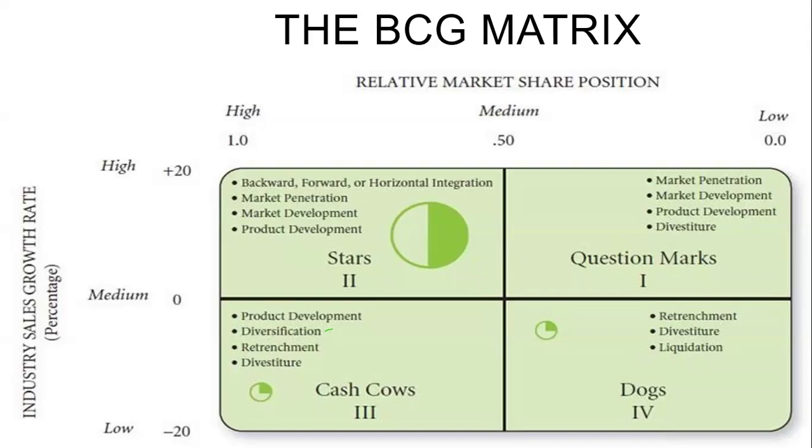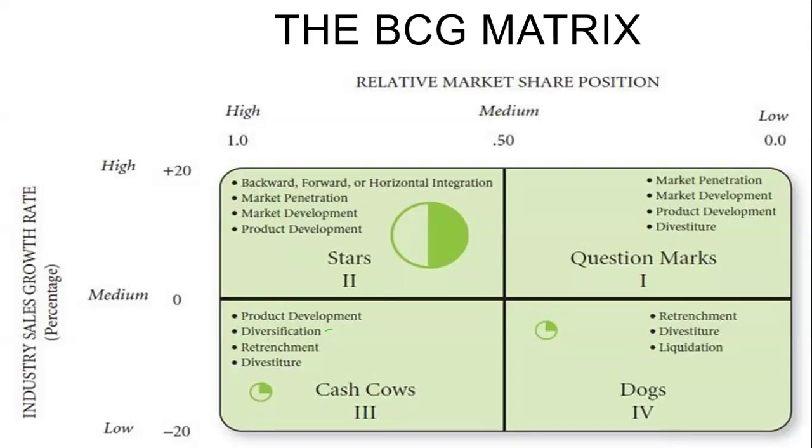All right. So to actually appreciate some of these things, it is easier if you do it along the two parameters that are used in assessing the utility of a division, which is the relative market share position ranging from 1 to 0, and the relative industry sales growth rate also from -20 to 20.